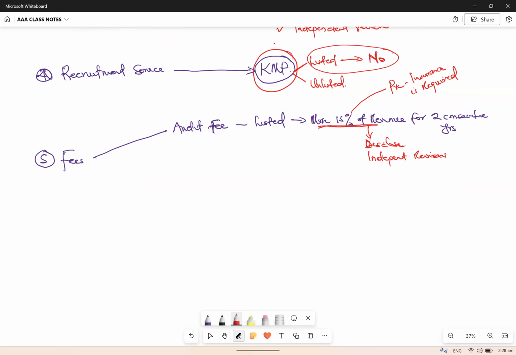So insurance is required so that when those people are affected, the insurance money can indemnify them. So the professor said that we really don't need regulatory bodies to be doing this. Let every audit firm insure every job that they are doing.